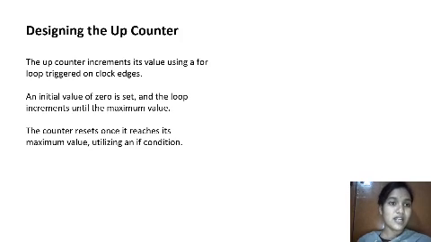Next, designing the up counter. The up counter increments its value using a for loop triggered on clock edges. An initial value is set and the loop increments until the maximum value. The counter resets once it reaches its maximum value, utilizing an if condition.